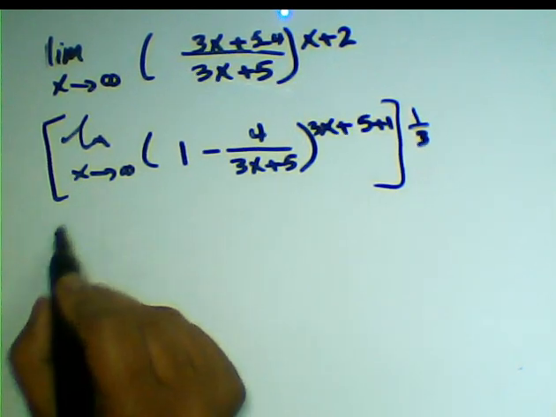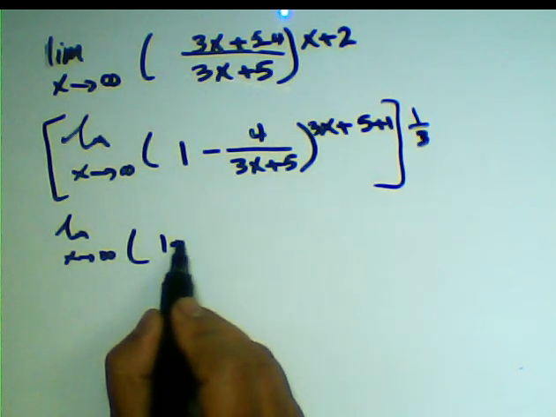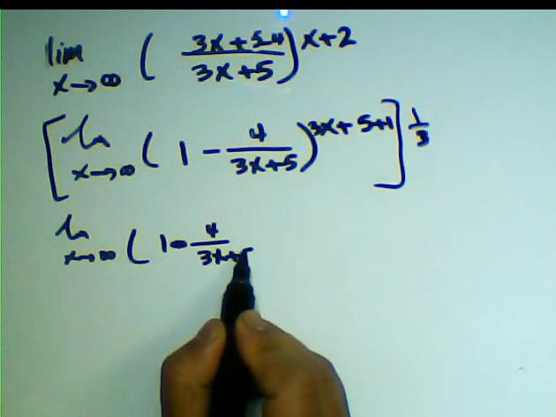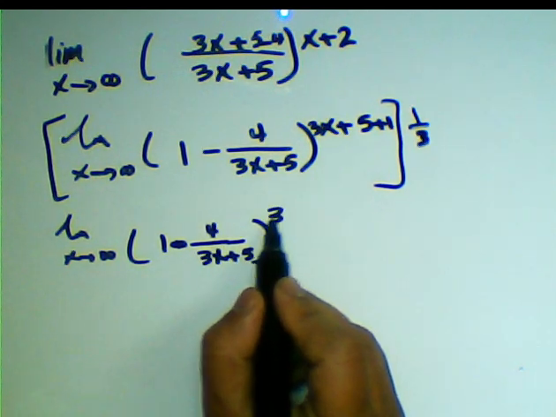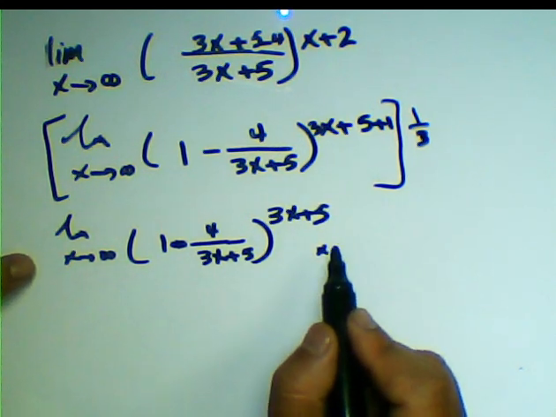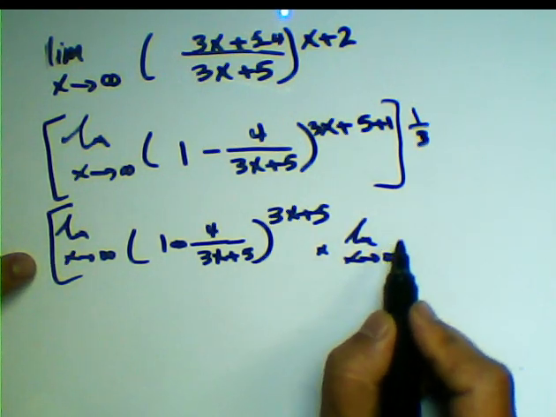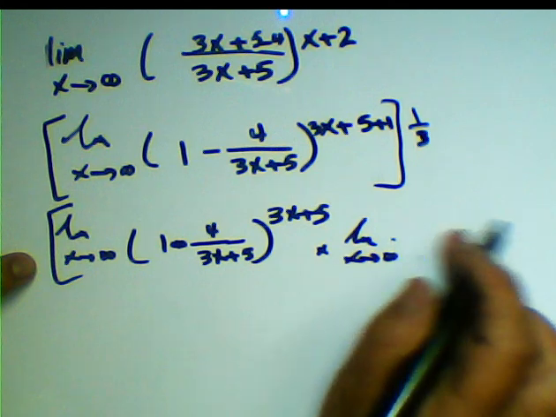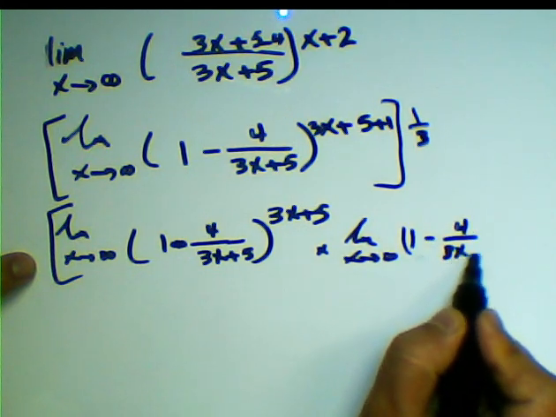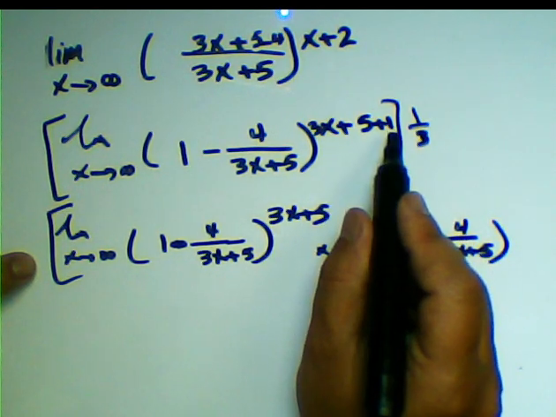Then the limit as x approaches infinity of (1 minus 4 over 3x plus 5) all to the power 3x plus 5, multiplied by the same base to the power 1.